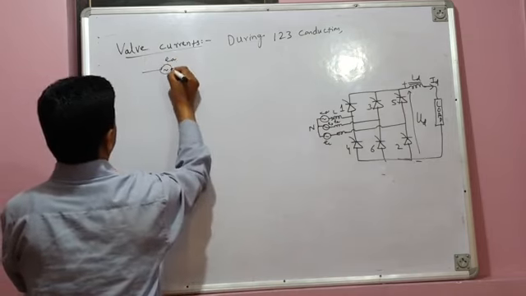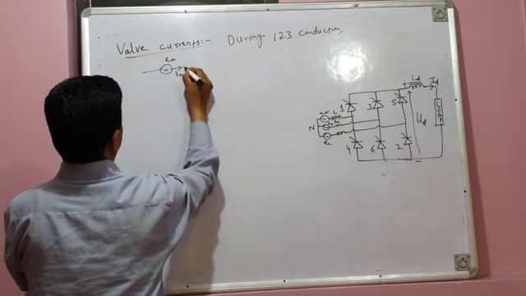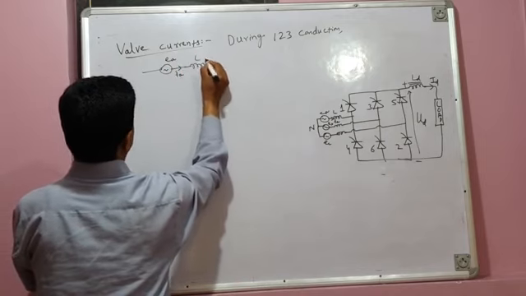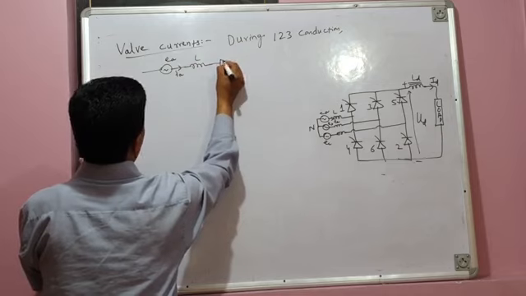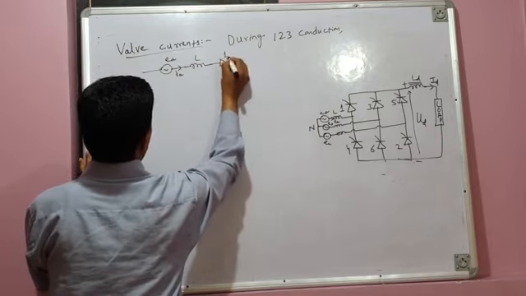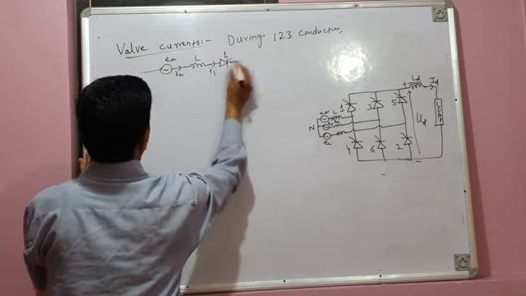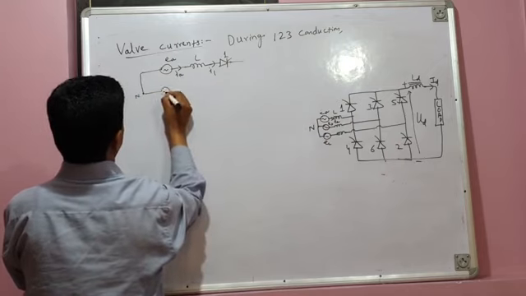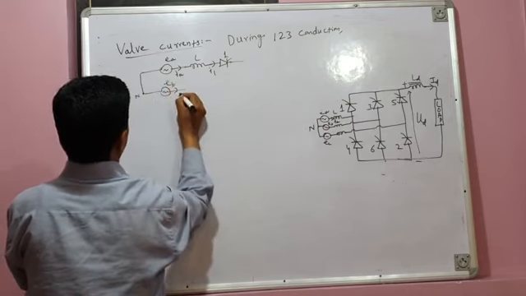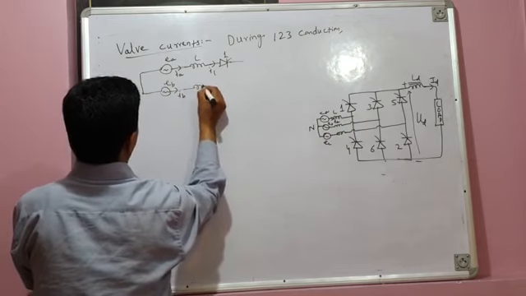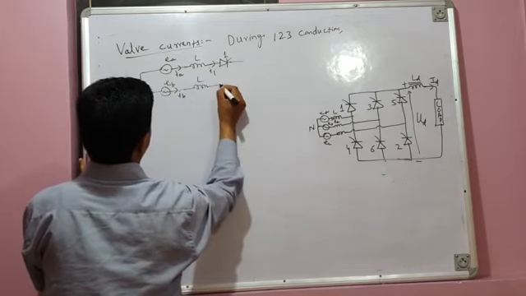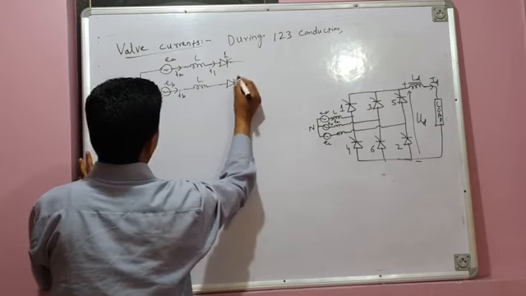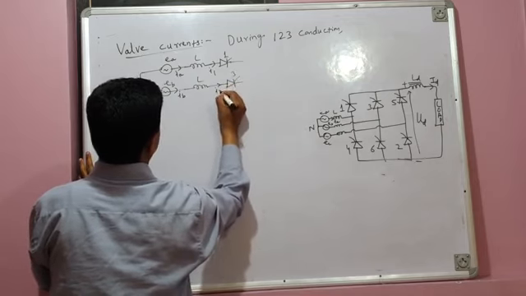So this is EA, this is IA, this is source inductance L, this is valve 1 with current I1, this is neutral, this is phase voltage EB, line current IB, source inductance is the same L. This is valve 3 and valve current is I3.